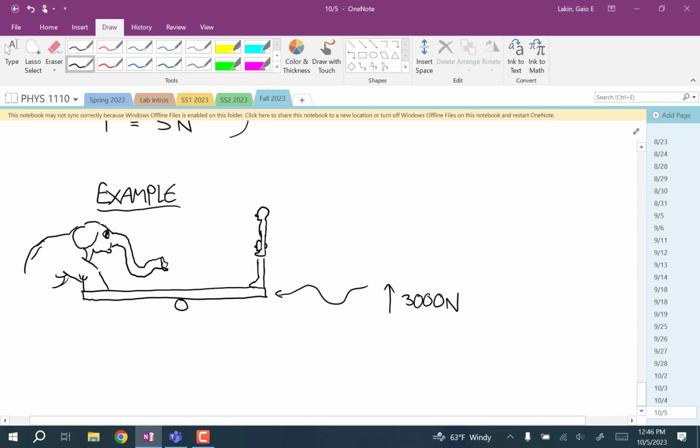And let's say that this bottom guy has a mass of 100 kilograms, and the top guy has a mass of 60 kilograms. And let's say that the top guy doesn't have very good knees. Okay, so we want to calculate what kind of force he's going to have to.